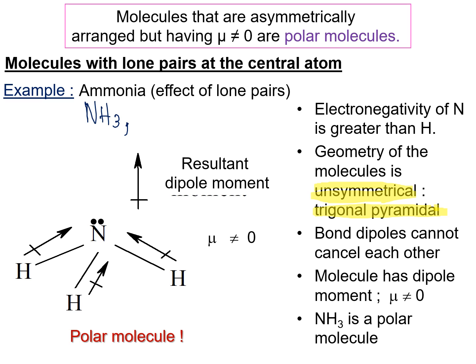Okay, and after that you bagi tahulah since dia punya shape tu unsymmetrical, therefore dia punya bond dipoles ni tak boleh cancel out each other. Okay, so you know that nitrogen is more electronegative than hydrogen.